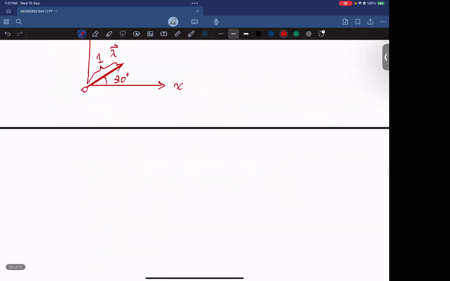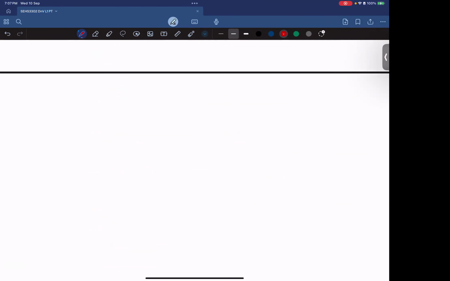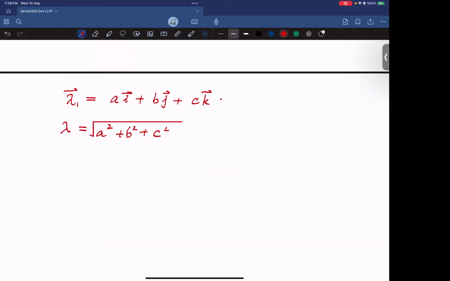3-dimensional cases. For example, if we have vector lambda 1 in 3D, it's gonna be a combination of I and J and K. So it can be A I plus B J plus C K. Then if A square plus B squared plus C squared, the square root, is the magnitude, right?